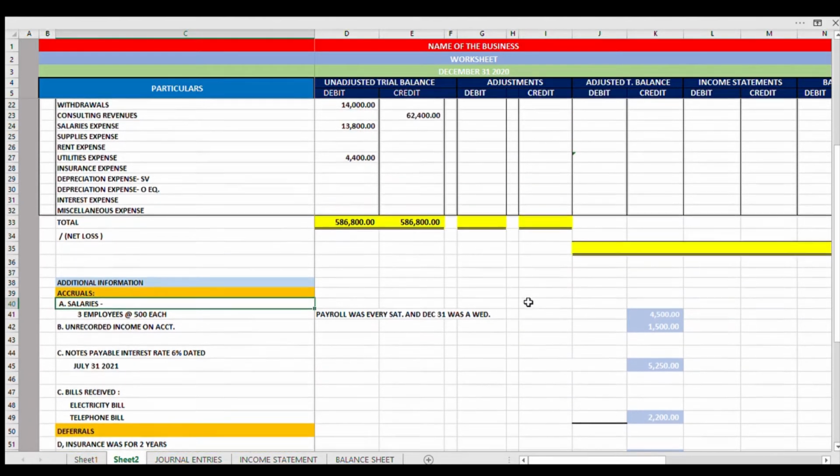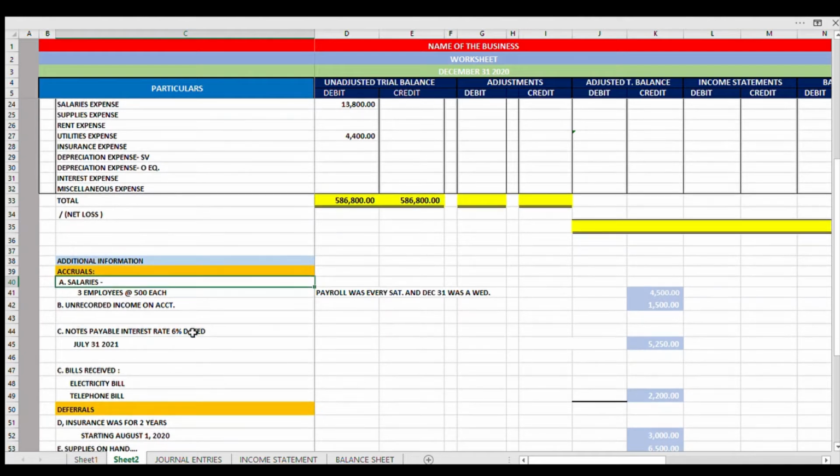Sabi dito, ang salaries daw ay still unrecorded. So it is now subject for accrual, unrecorded salaries. As mentioned here, meron 3 employees at tumatanggap ng 500 each.